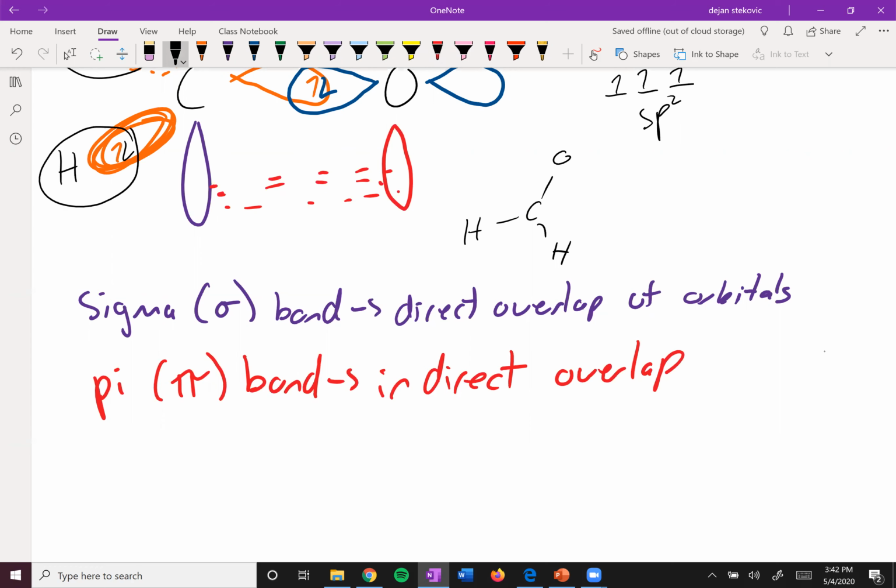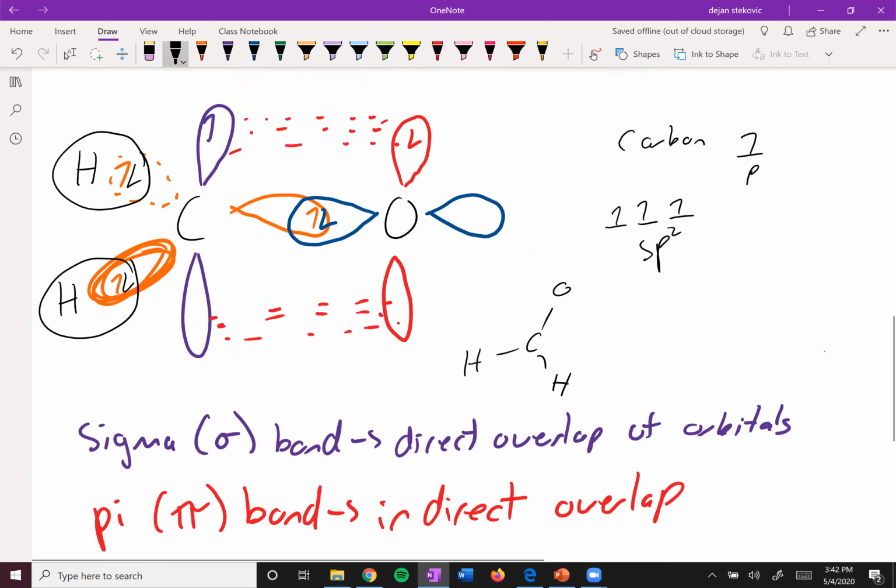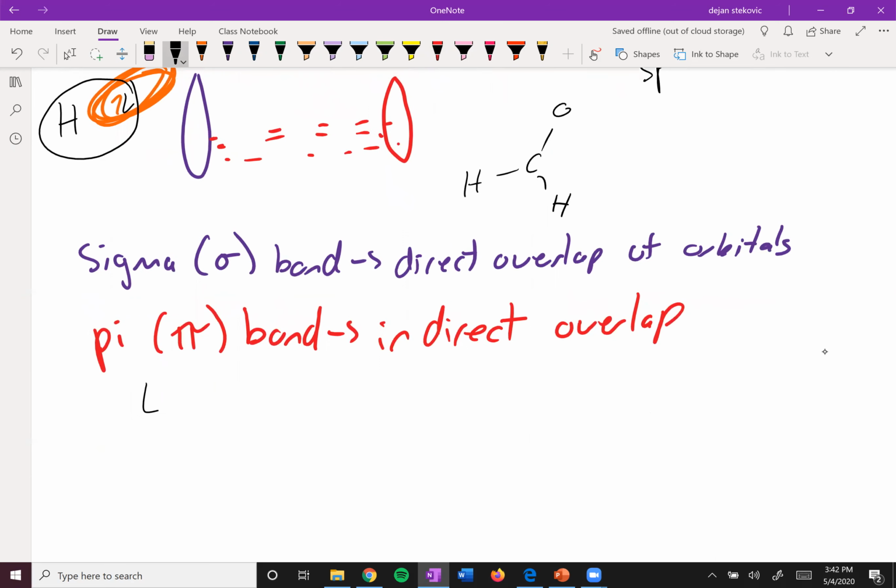This stuff's more important for more advanced chemistry that you might get into, and it helps explain why compounds react the way they react and why certain compounds, in order to form bonds, must form them from certain sides and whatnot. But for our purposes, we're just going to say that this explains why sigma bonds are generally more powerful than pi bonds.